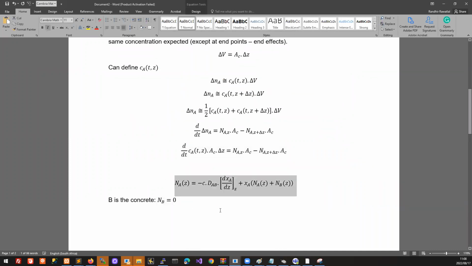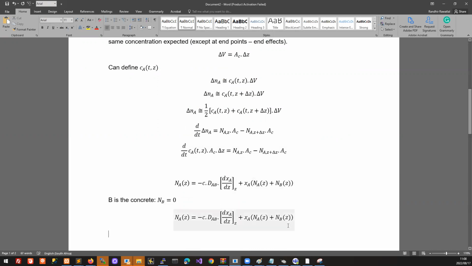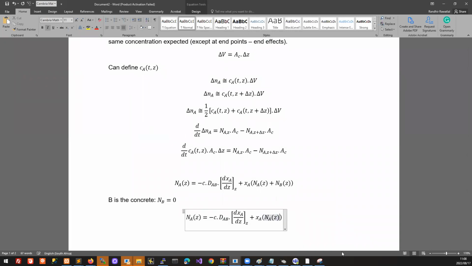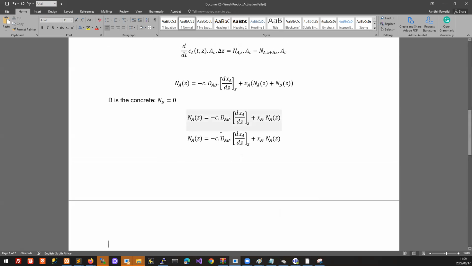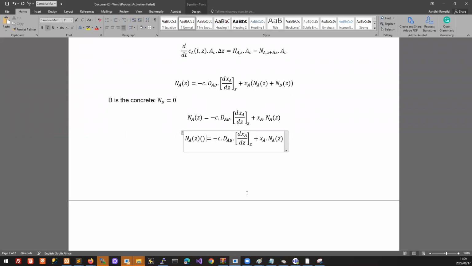So our NAZ looks like this. And so we can take that off there. So it's XA NAZ. And then we can take it across to that side, and we can rewrite this as, we can do the usual thing here, NAZ into 1 minus XA. So that's our expression.